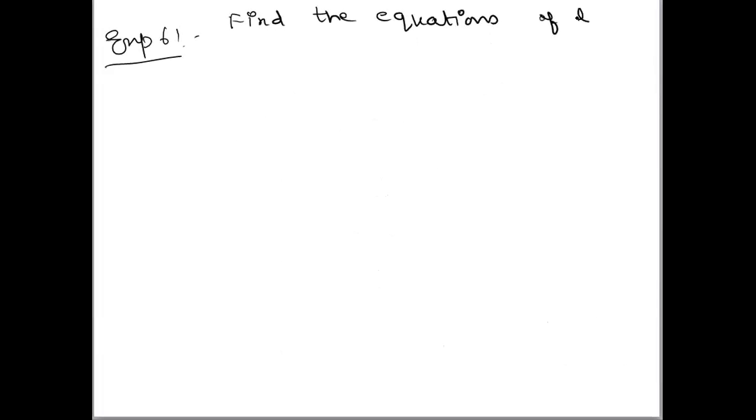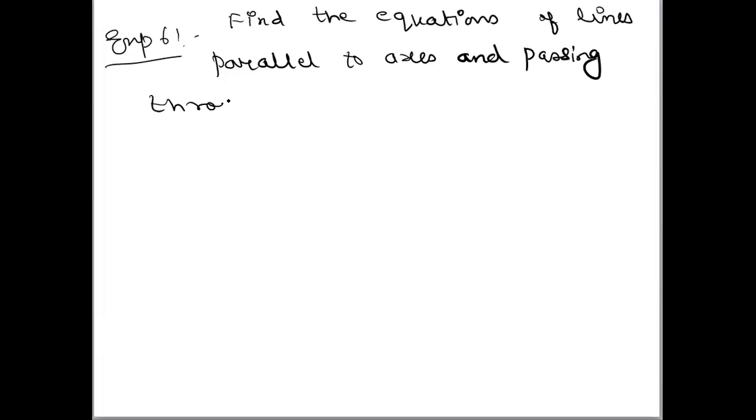Now the next is, I'm taking example number 6 from your book. Find the equations of lines parallel to axis, and passing through -2, 3.